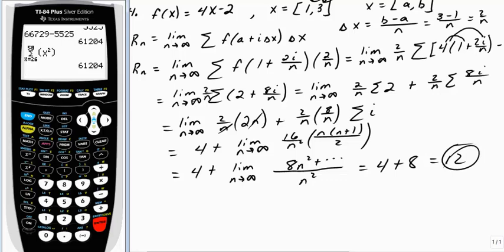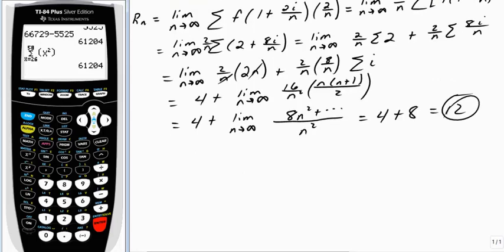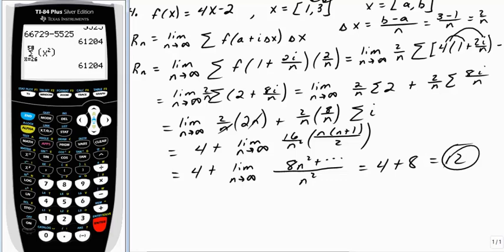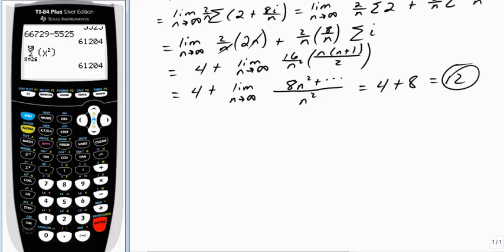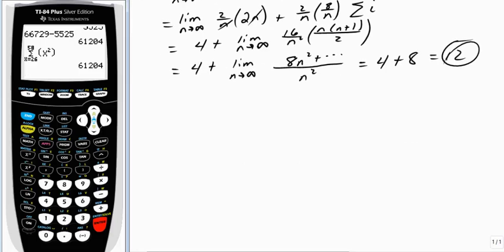Now, you say, well, okay, that was a very cool way of finding the answer. Yes, it was. But there is another way in these simpler problems. This one could have also been done graphically. So just to check this answer graphically, the function was 4x minus 2, and we were looking at it from 1 to 3.